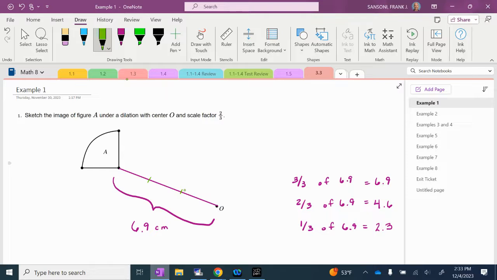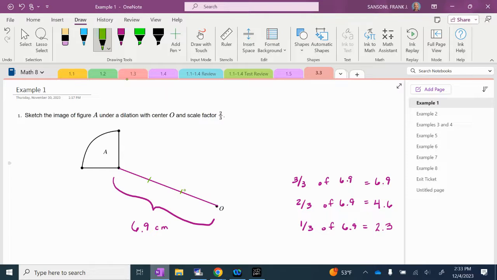This is 2/3, and that's the whole thing. So 2/3, if you just did your little tick marks, and then you measured it, because you can usually eyeball what a third looks like and what 2/3 looks like. You put your point right there. It probably is pretty close to 4.6 centimeters. And so you put your dot right there, because we're now doing reductions.